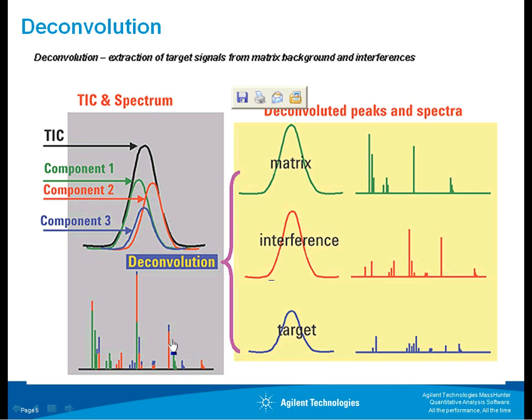So now you can see from this illustration the contribution of deconvolution, which can draw out the spectrum of the target even though there are interferences or matrix that are coeluting, so that you can get a spectra to compare with the library.